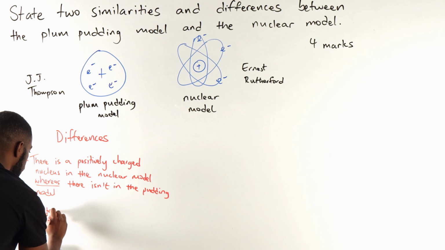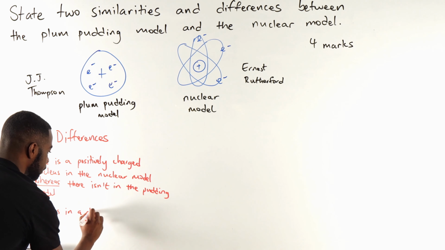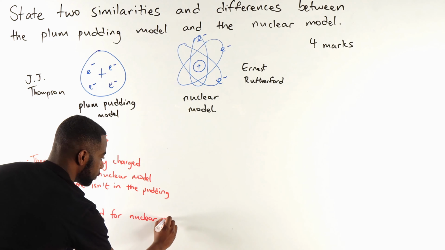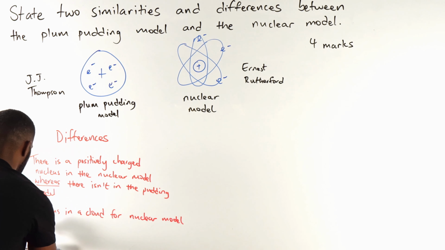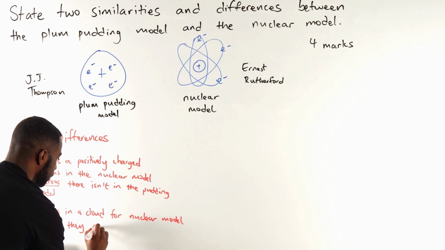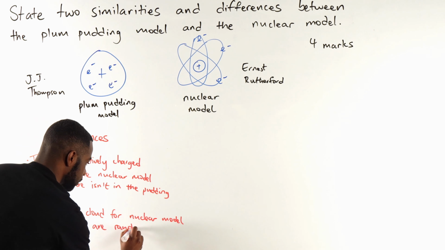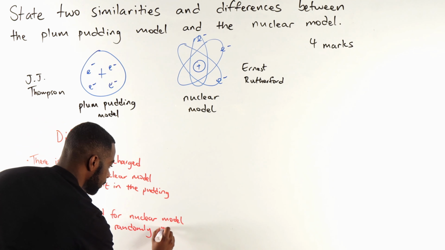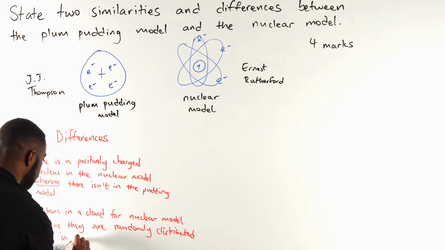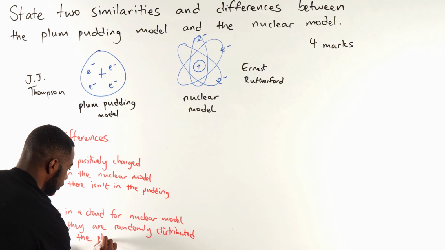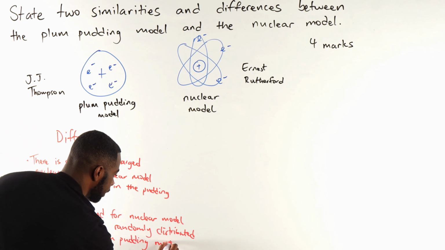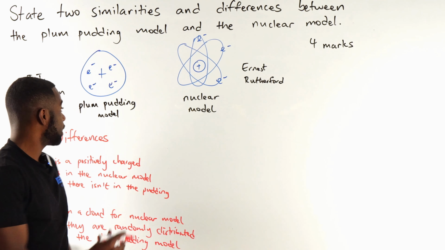Electrons in a cloud for nuclear model, whereas they are randomly distributed in the plum pudding model. We're running out of space a little bit here, but luckily that is us done for the differences.